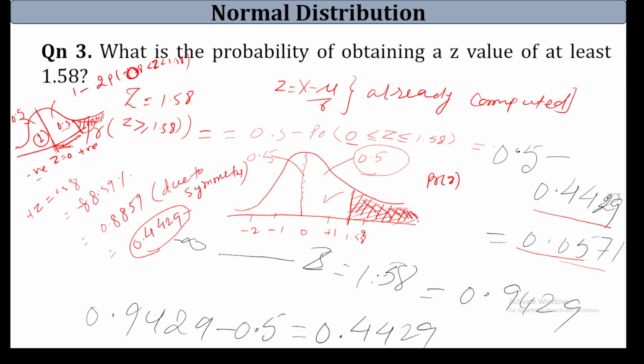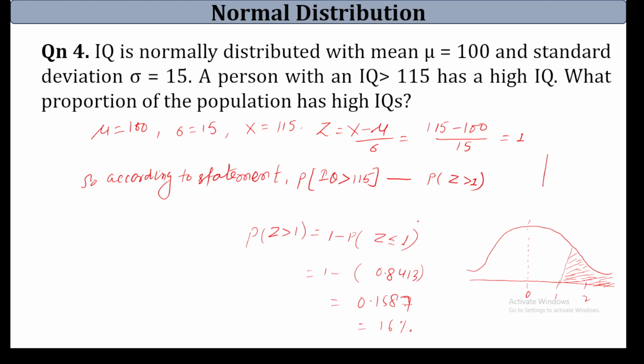Did you get it? So this is how we have to calculate it. The second problem is that IQ is normally distributed with a mean of mu. Instead of Z, now they have given the mu value and the sigma value. The person with an IQ of 115 has a high IQ. What is the proportion of the population that has high IQ?